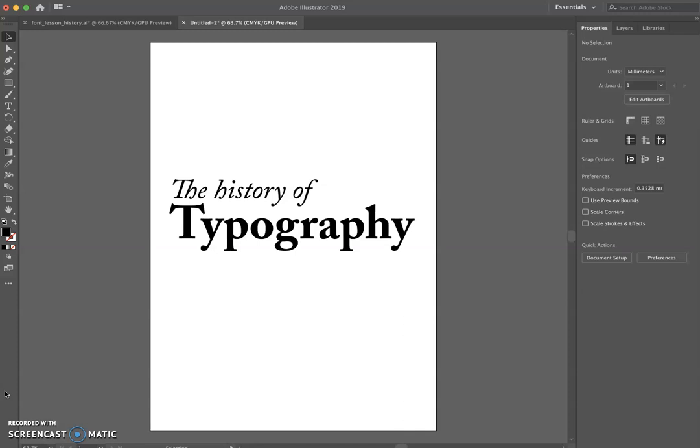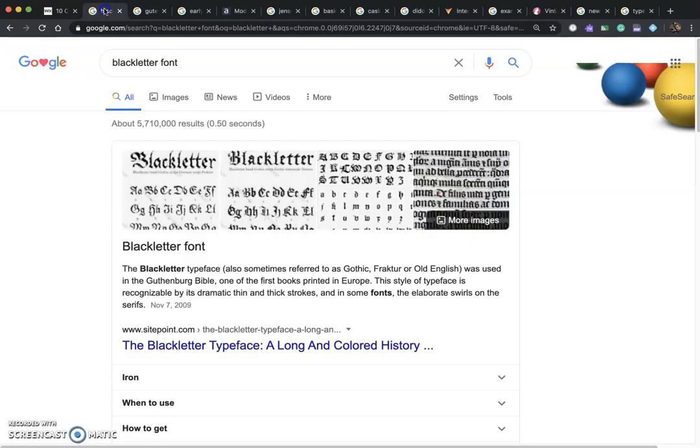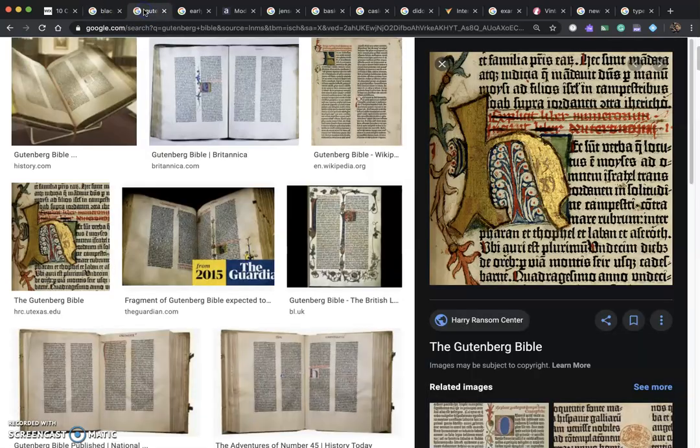All of this changed with a guy named Johannes Gutenberg. He created the first what was called movable type, and he did it with this. Okay, he created something called a black letter typeset. And so the first book that was ever printed using this technique was based on a black letter type, and you can see it here.